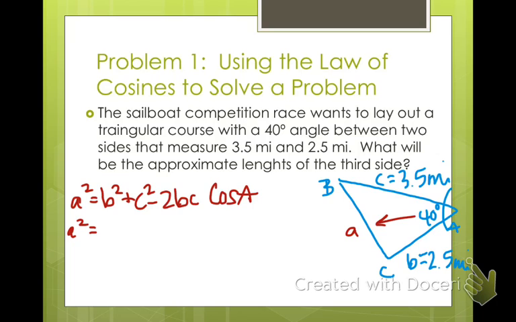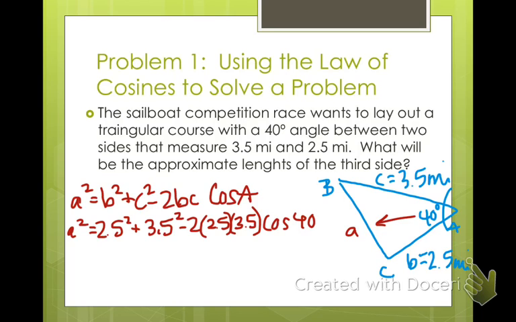So a squared equals, our b is 2.5 squared plus 3.5 squared minus 2 times 2.5 times 3.5, and then the cosine of 40. You can simplify this, multiply this together. You can square these, add them together.